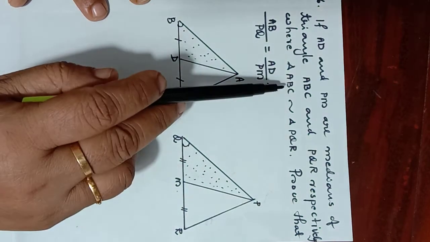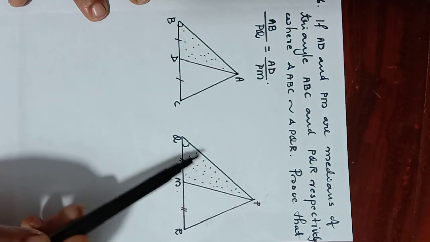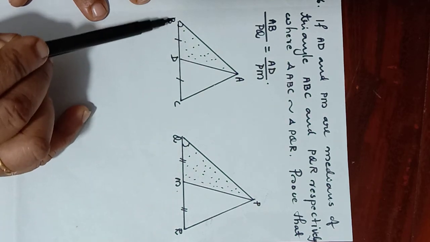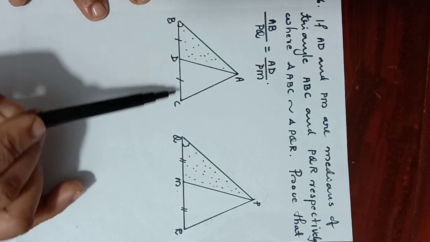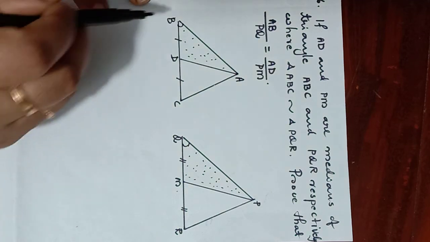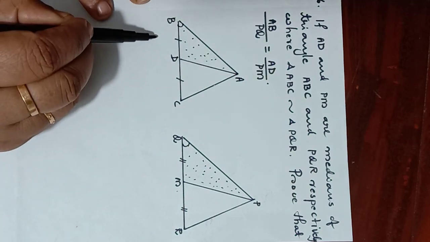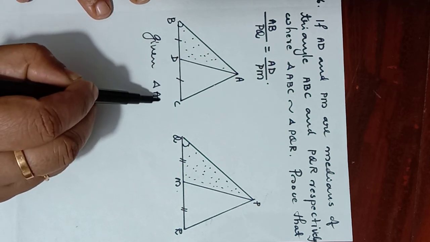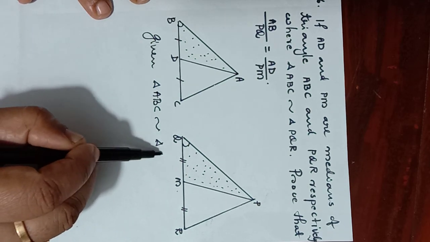Since these two triangles are similar, proportionality we have AB by PQ, BC by QR. So BC relates with BD. BD is half of BC, QM is half of QR. So first let us write what all is given. We are given triangle ABC similar to triangle PQR.